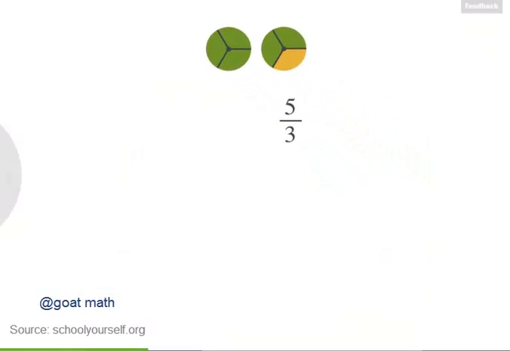So this represents 5/3. If you were describing this fraction to someone else, you might say that you have one whole dot and then 2/3 of a dot. And that's actually another way to write this fraction. And you can read this aloud as 1 2/3. 1 2/3 is the same thing as 5/3.